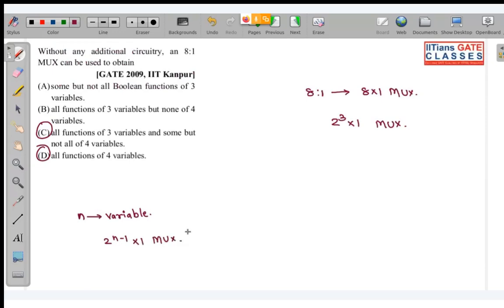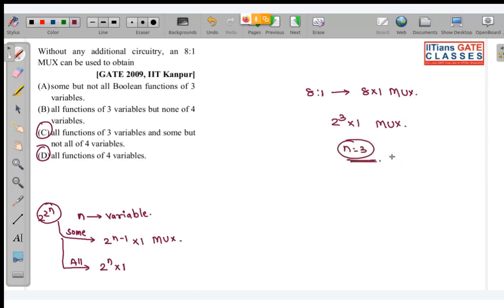Okay. So here we have n variables. Out of this 2 to the power 2 to the power n functions, the 2 to the power n minus 1 mux can represent only some, but all of them can be represented using a 2 to the power n cross 1 mux. So here you can see n is equal to 3.